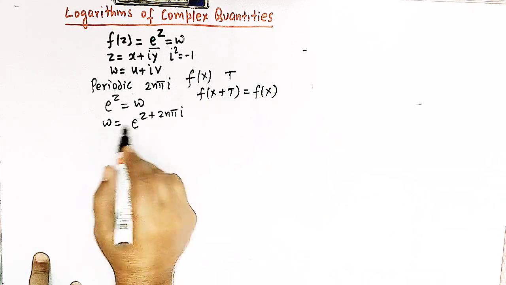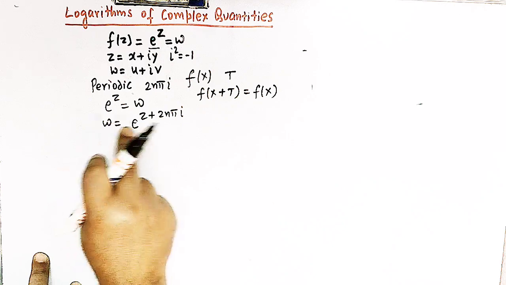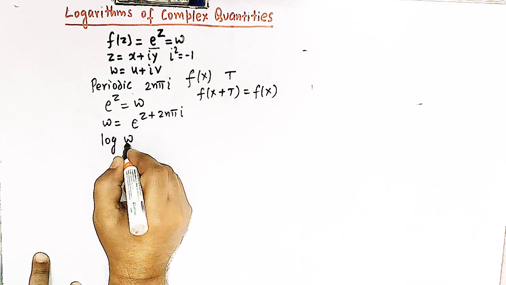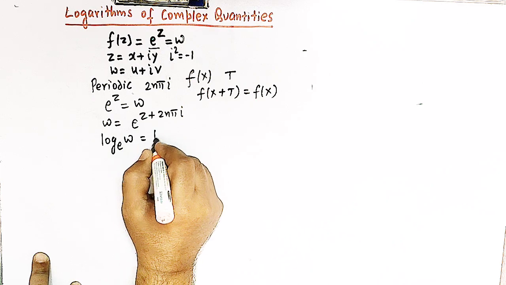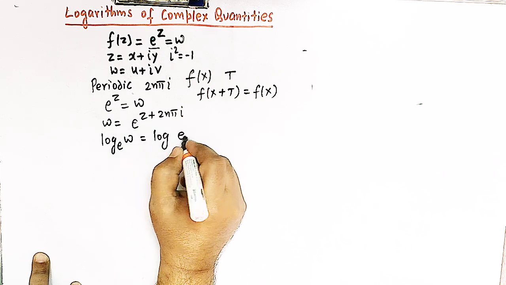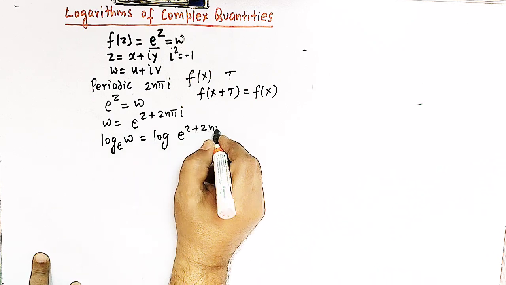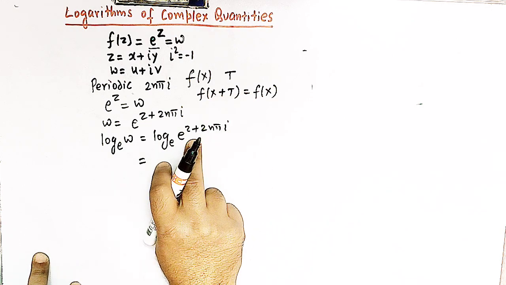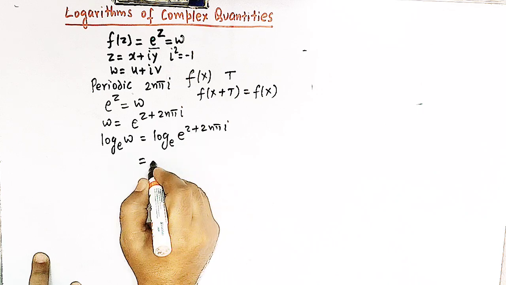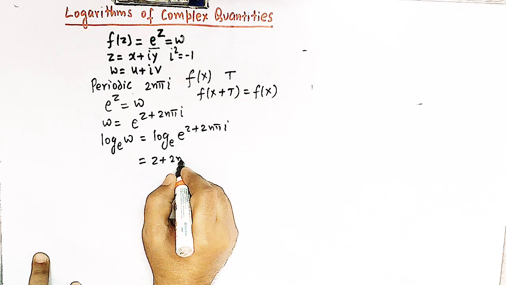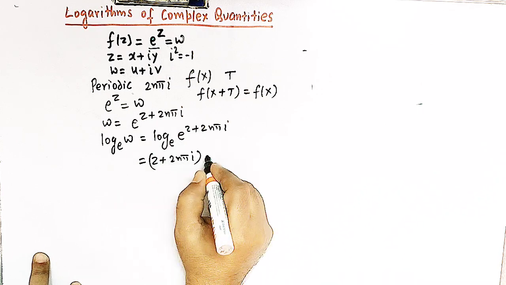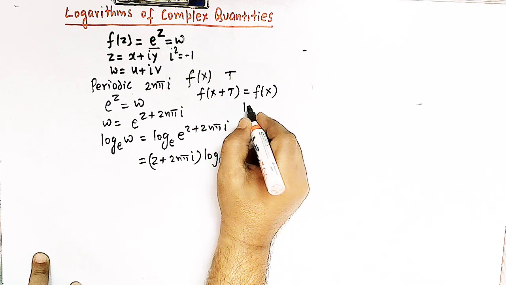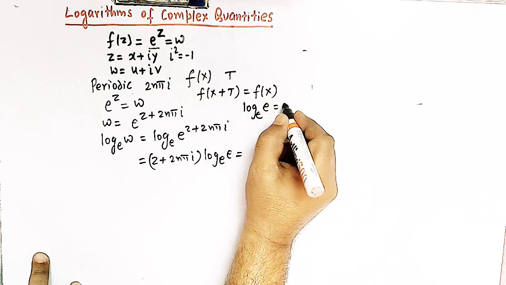Now let us take the natural log of both sides. So we have log of w to the base e, equal to log of e raised to z plus 2n pi I. Using the properties of logarithms, we can write z plus 2n pi I times log of e to the base e, and log e to the base e is 1.